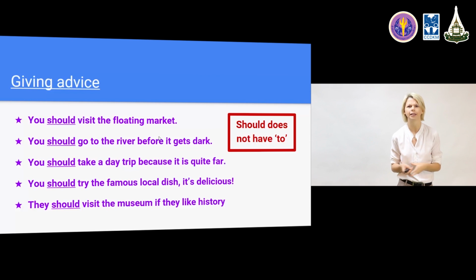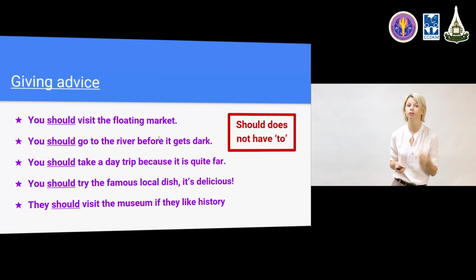It means it's a good idea to visit the floating market. It's nice. It's a good idea. The second example, you should go to the river before it gets dark. That's good advice. It's nicer when you have light.